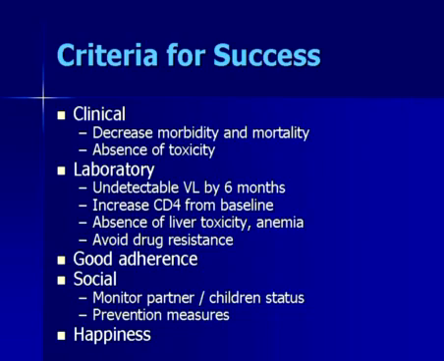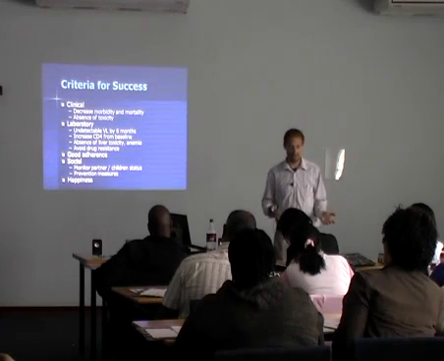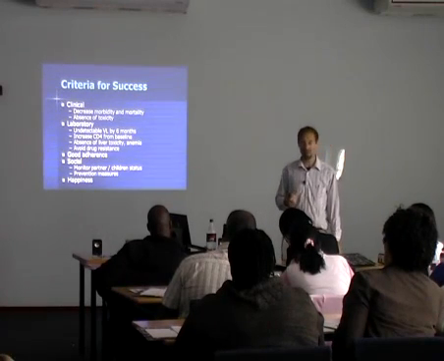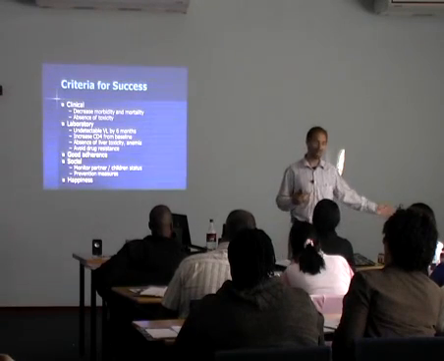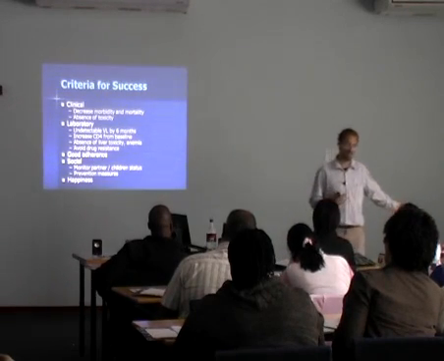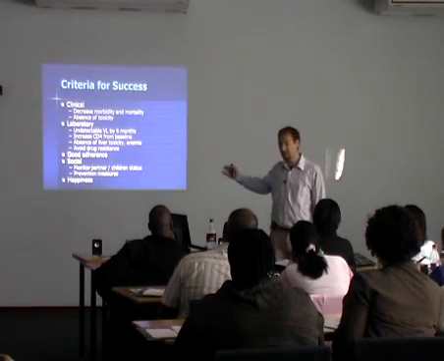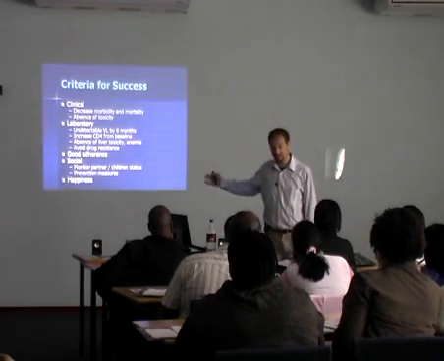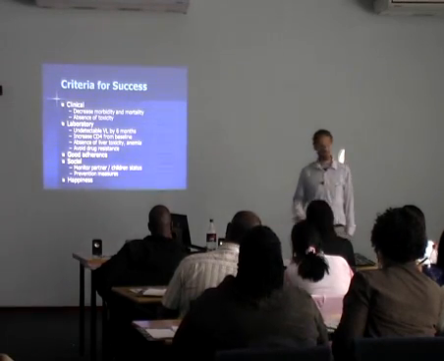Patients should have good adherence. Socially, they should monitor their partner and children's status. This is something that is very, very rarely done in the clinics, particularly women. We don't ask them, has their partner tested, which is the majority of the time the answer is no. And the other thing that we miss very, very often and commonly and very seriously is we don't ask them about their children.